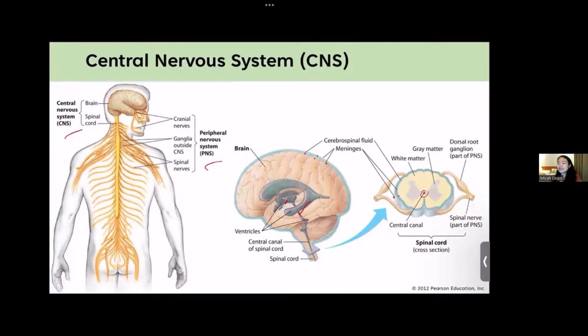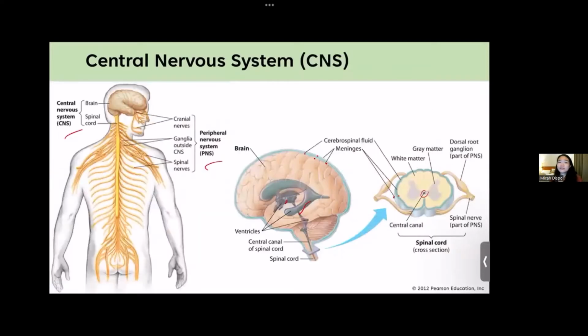And the other structures that protect our central nervous system, apart from the meninges, the cerebrospinal fluid, and the blood-brain barrier, are our bone structures. So we have our skull, which protects the brain, and our spinal column, which protects our spinal cord.